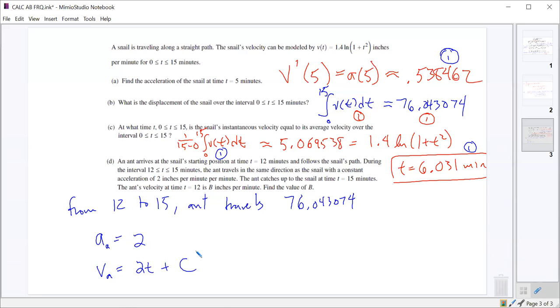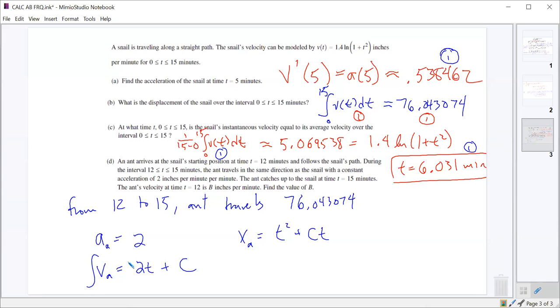And what is its displacement then? Its displacement of the ant ought to be t squared plus some constant times t.